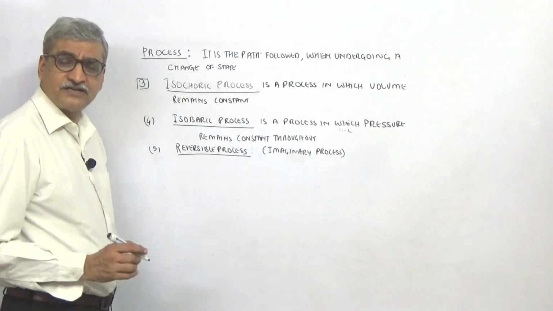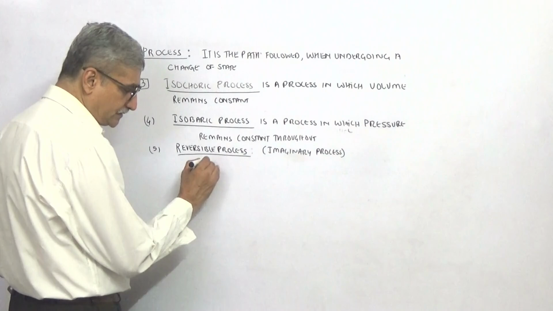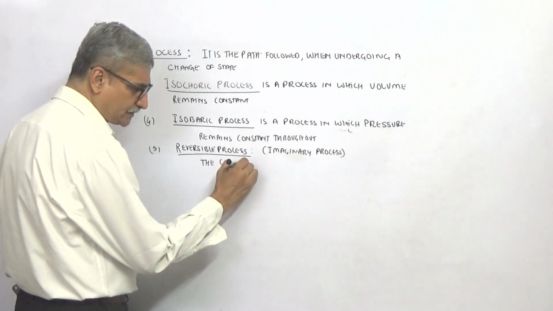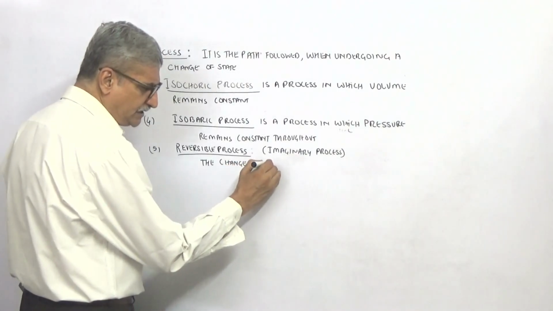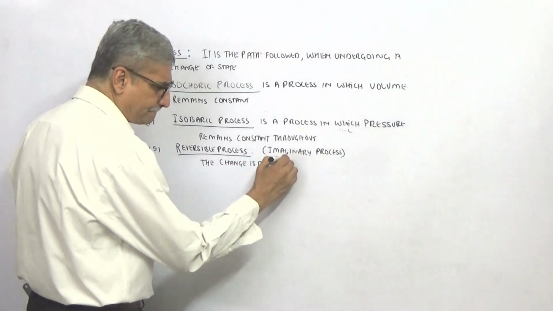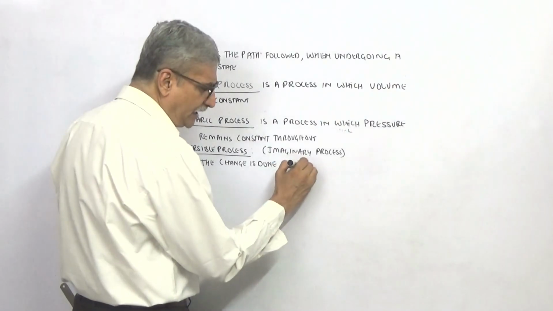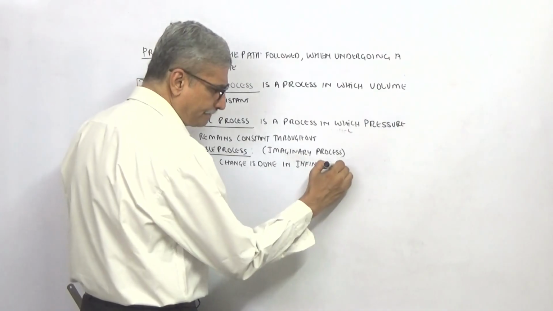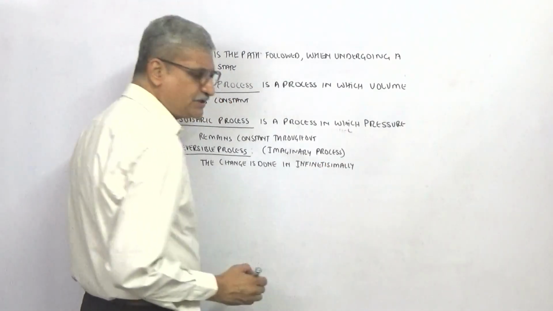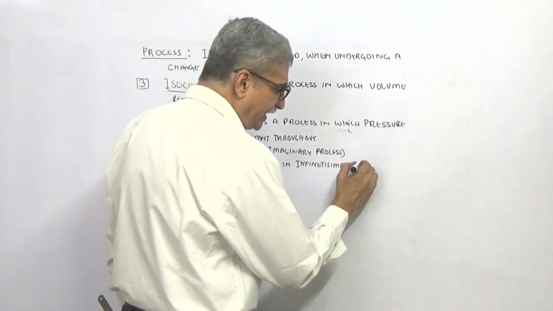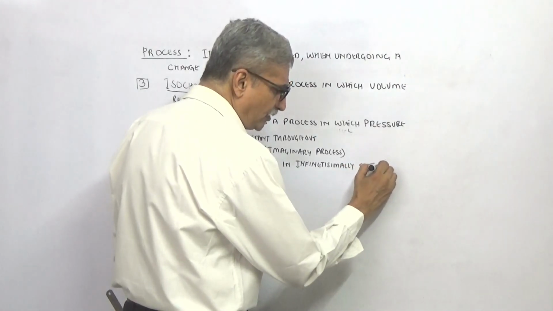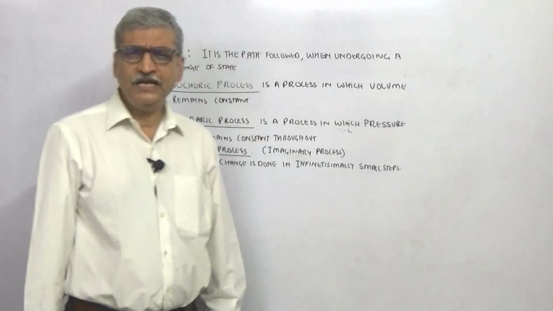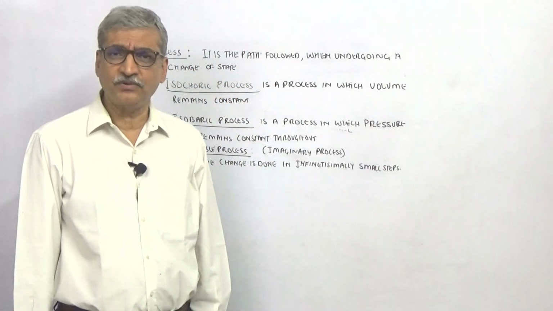So what happens in a reversible process is, the change is done in infinitesimally small steps.